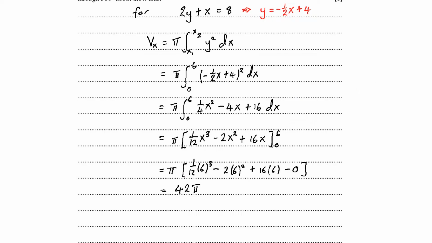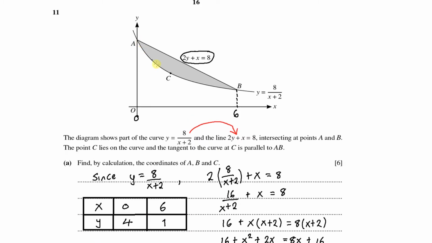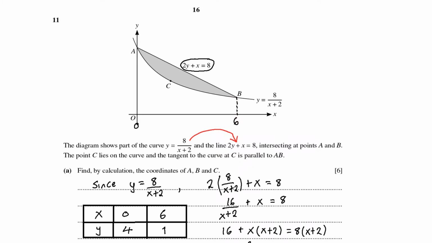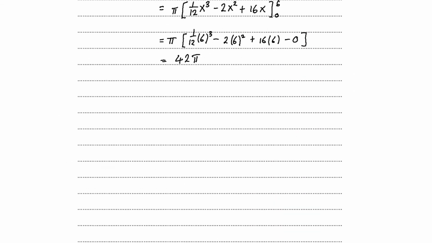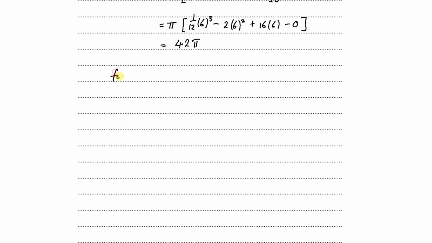Now we want to rotate the curve about the x-axis. So we take the equation of the curve, y = 8 over (x + 2). The volume will be pi times the integral from 0 to 6 of (8 over (x + 2)) squared dx.